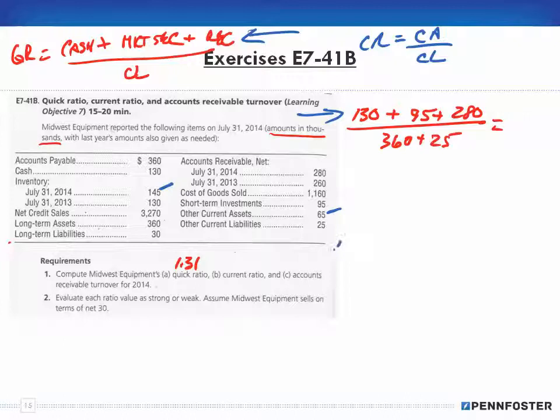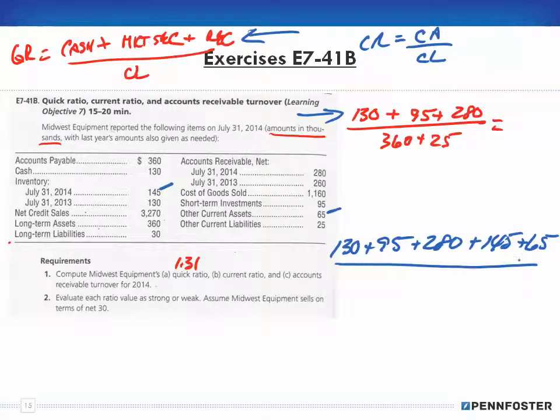So we're basically going to take the 130 plus 95 plus the 280, which is the same as what we use for our quick ratio, but we'll also have to add in the 145 and the 65, and that's going to be all over the same current liabilities of 360 plus 25.